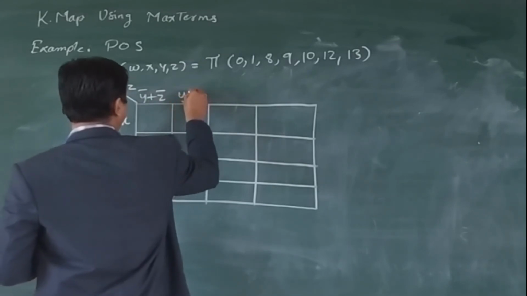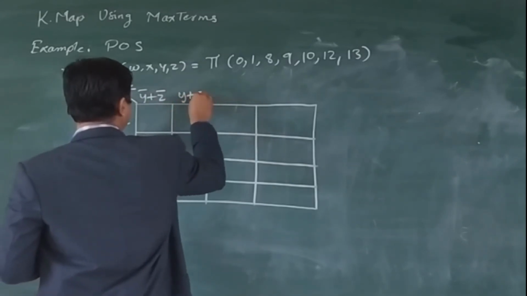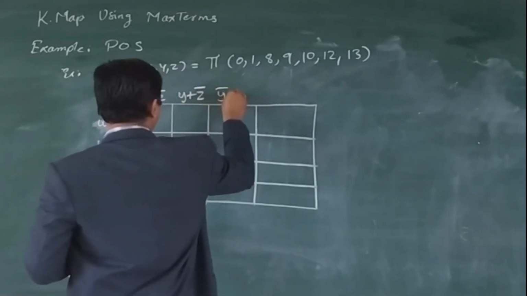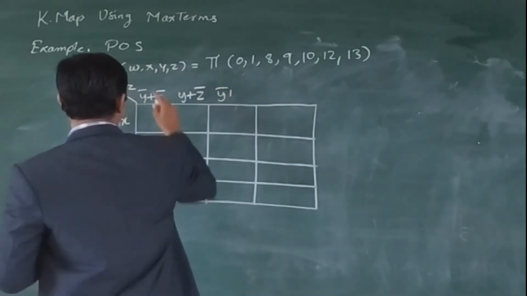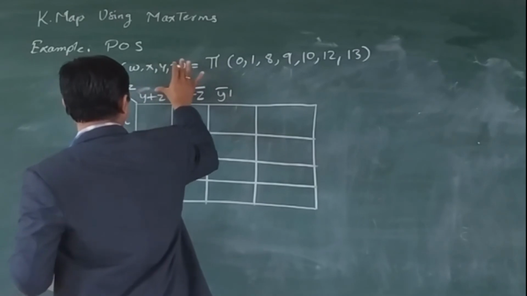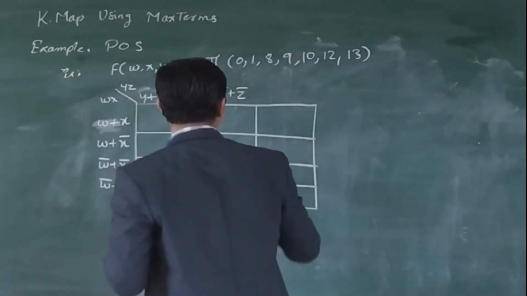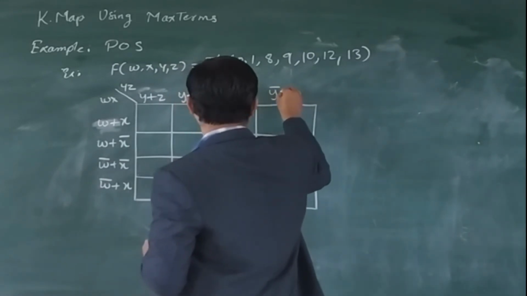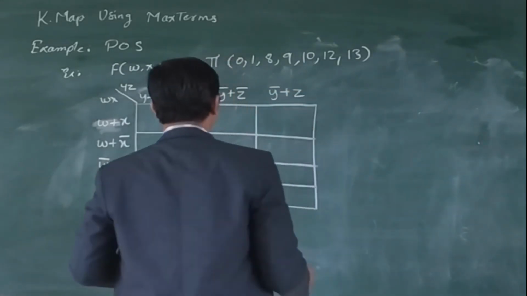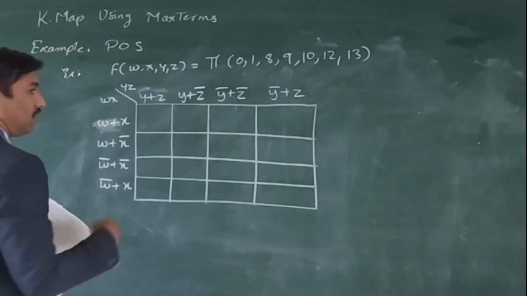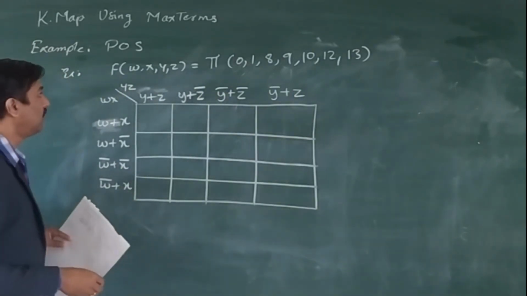Then you have Y plus Z bar, Y bar plus Z bar, and then Y bar plus Z. So this is what I have taken, directly converting.